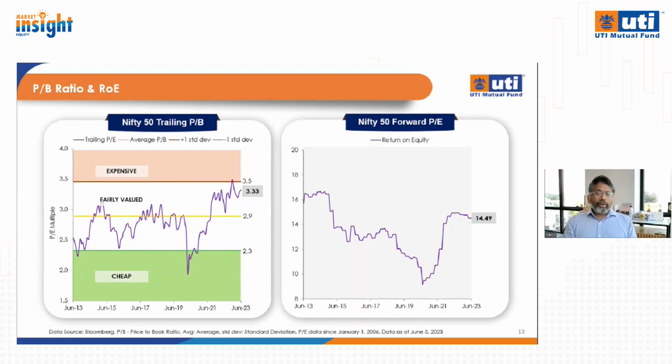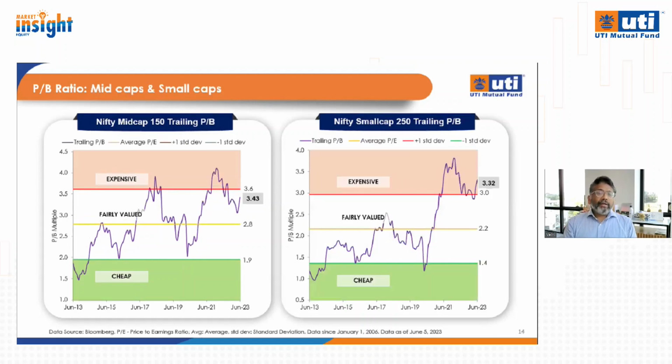What do valuations look like for other segments of the market? The Nifty mid cap and the Nifty small cap. You can see the valuations here. Left hand side is the mid cap price to book, right hand side is the small cap price to book. The small caps have been the segment of the market which have been looking a little bit more pricey relative to their own history, not necessarily relative to large caps or mid caps, but relative to their own history.